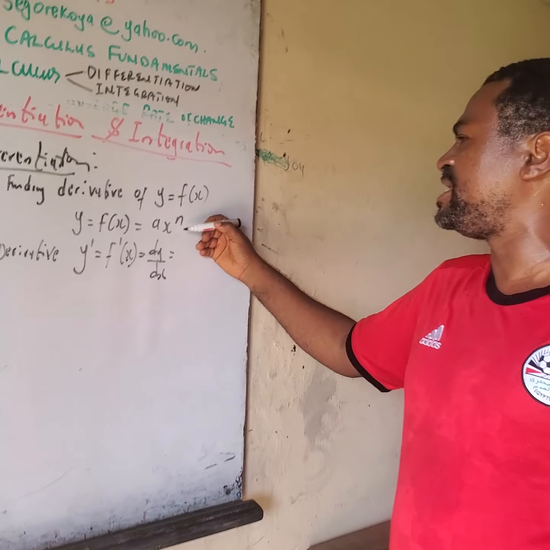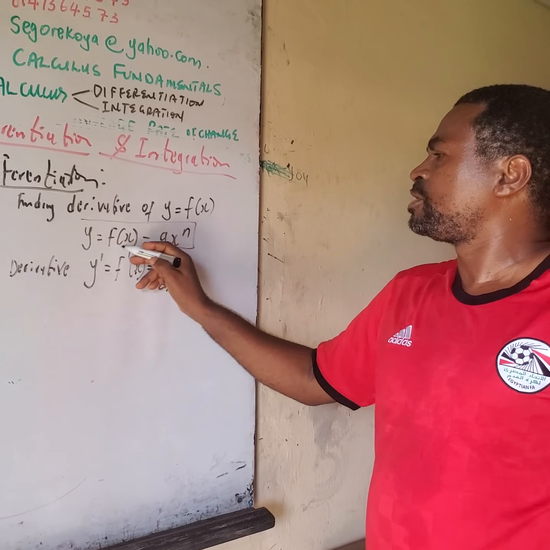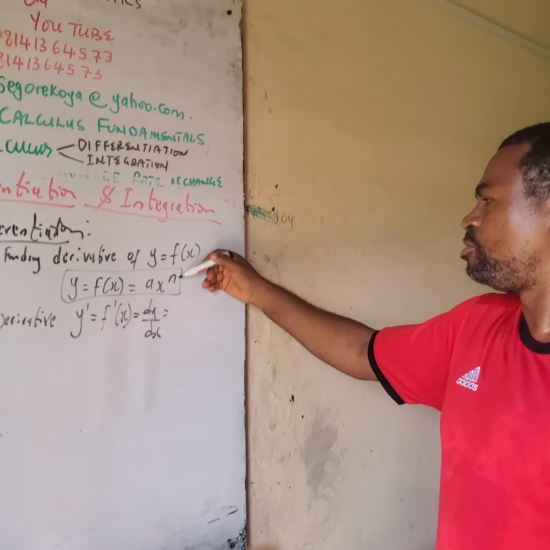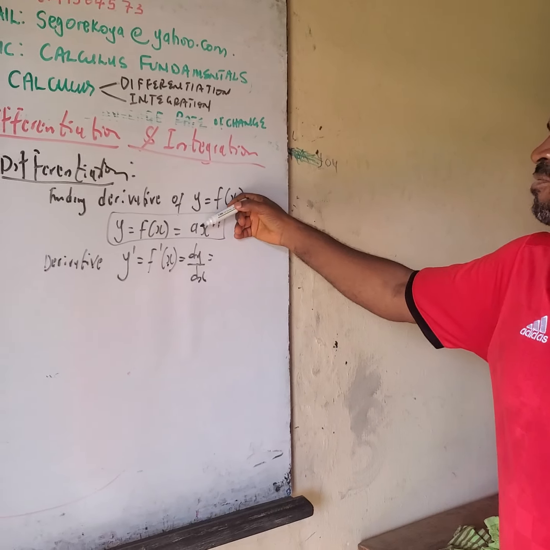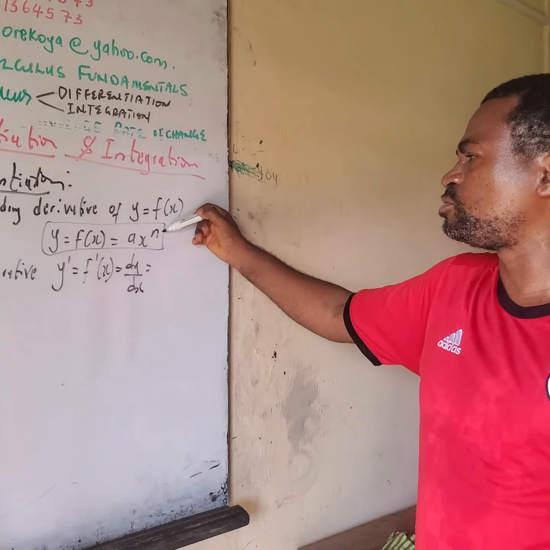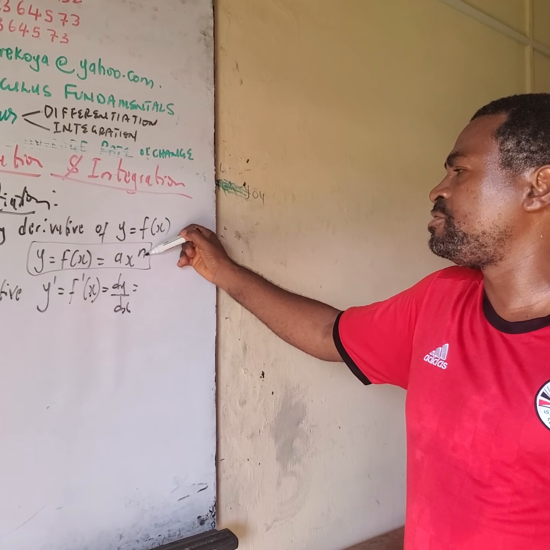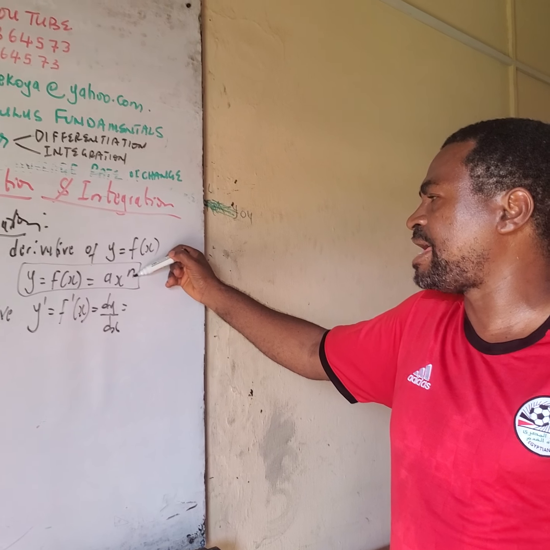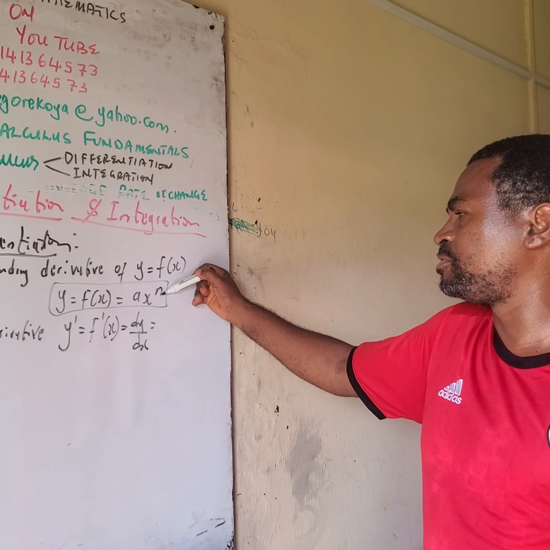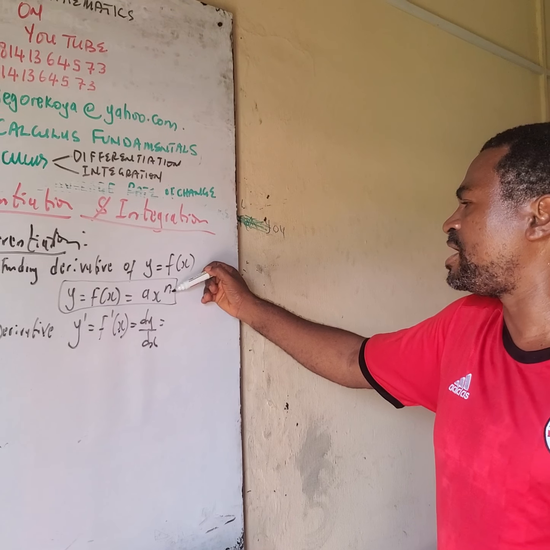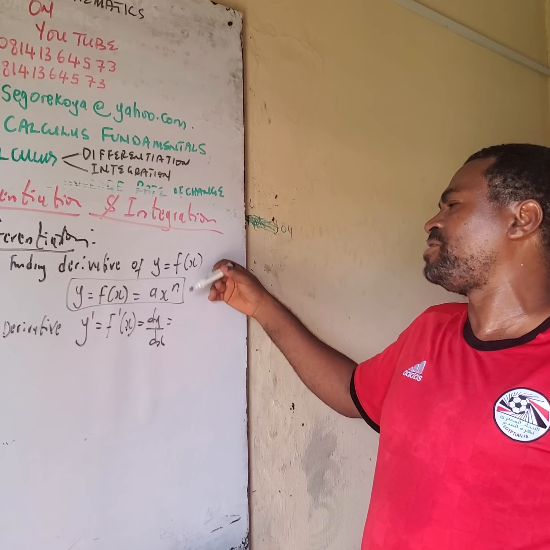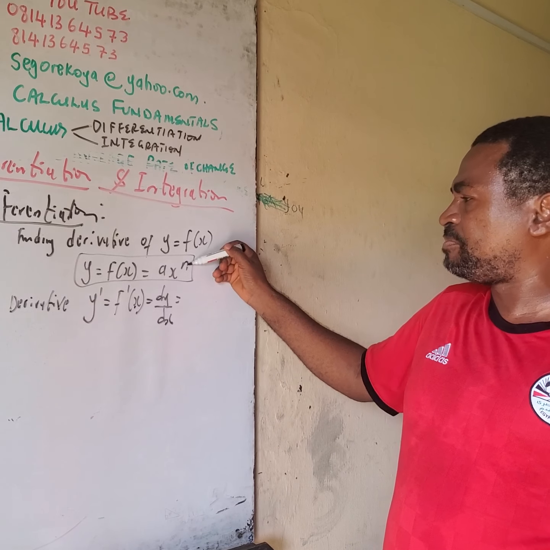Now when you are finding dy dx given this particular function, what we normally do is to multiply the power with whatever coefficient that you have here, then you subtract 1 from the power. In my other video, I'm going to describe why this particular process is done this way. So when you are doing the process of differentiation, use the power to multiply.